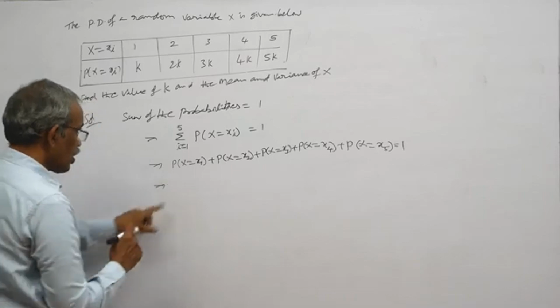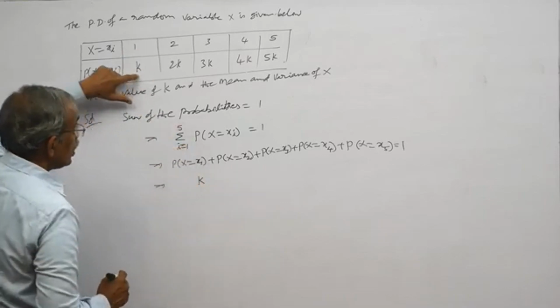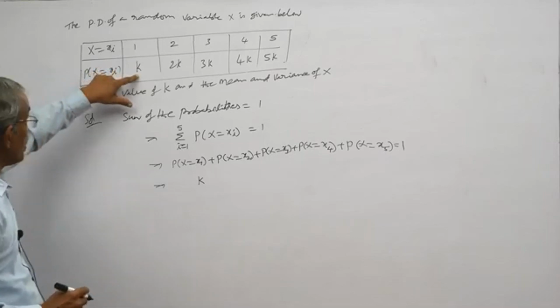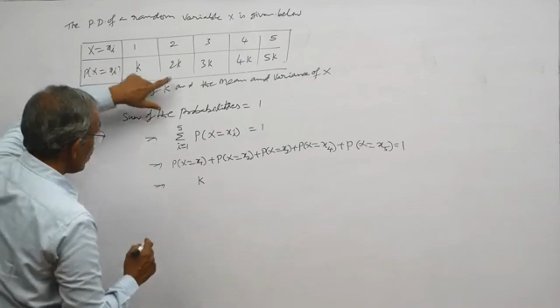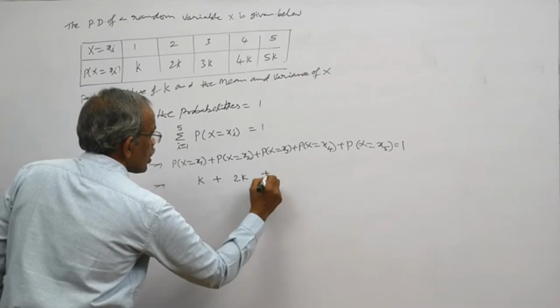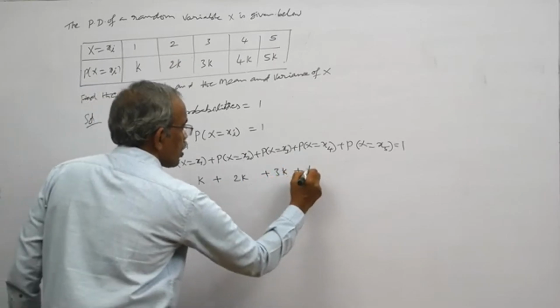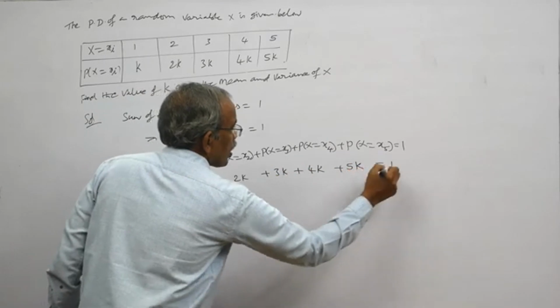That implies probability of x equal to x1 is equal to k. In the probability distribution table, probability of x equal to x1 is equal to k. Probability of x equal to x2 is 2k. This is equal to 3k. This is equal to 4k, this is equal to 5k, is equal to 1.